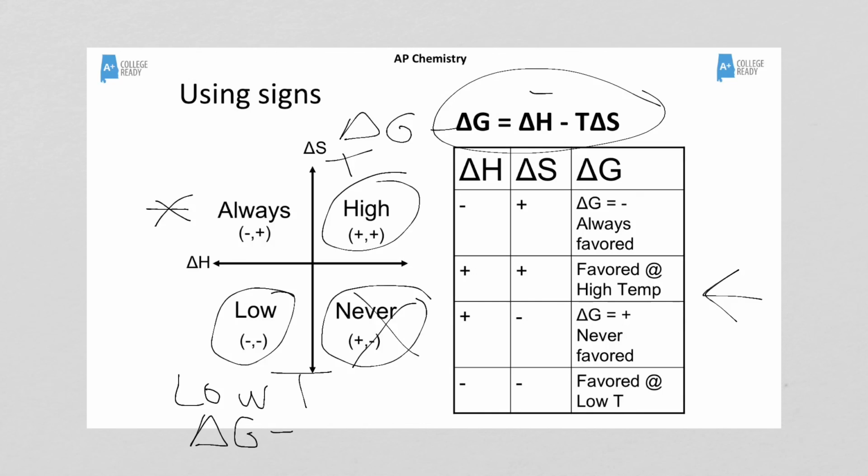So if I take these two always signs, and I plug in that delta H is negative, and I plug in a positive sign for delta S, I have a negative minus a positive, or really I'm adding two negatives together. So the only answer I could get here is going to be a negative delta G term. If I go through and do that with each situation, you'll see that, again, that's on the formula sheet. That might help you to remember how all these relate to each other as well.